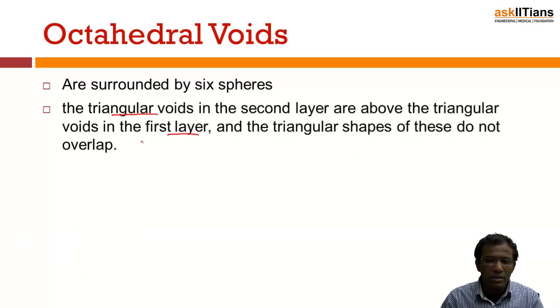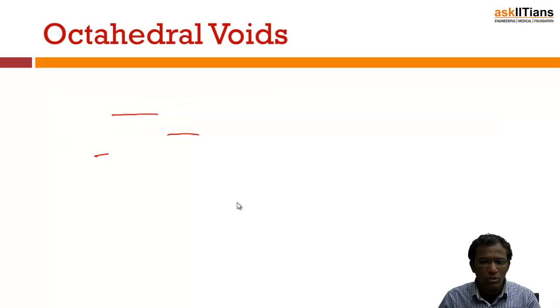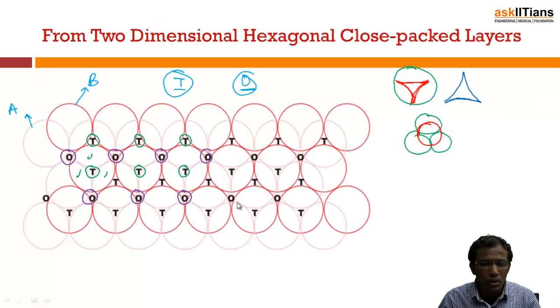This statement you may not understand, but you can understand it when I show you a picture. So remember that the triangular void in the second layer is above the triangular void of the first layer. So let's go back and see that. This is an octahedral void. Why?